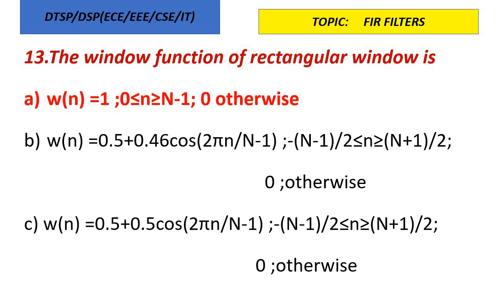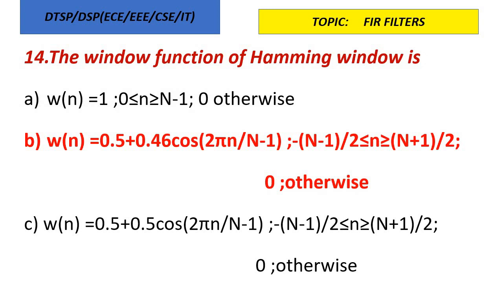Similarly, the window functions of other windows are in the next question. The window function of the Hamming window is W of n equal to 0.5 plus 0.46 cos 2 pi n divided by n minus 1, if the value of n ranges from minus (n minus 1) by 2 to plus (n minus 1) by 2.